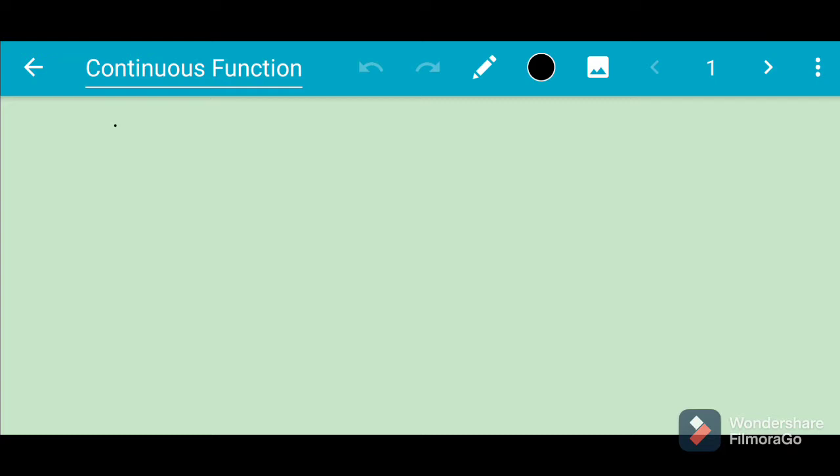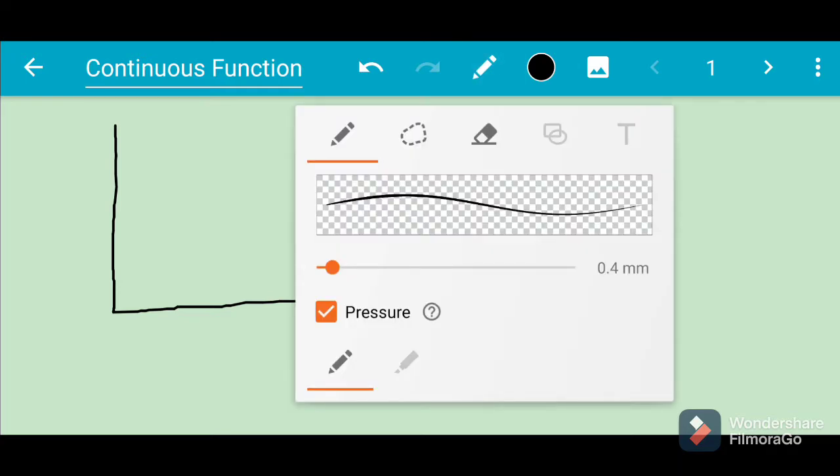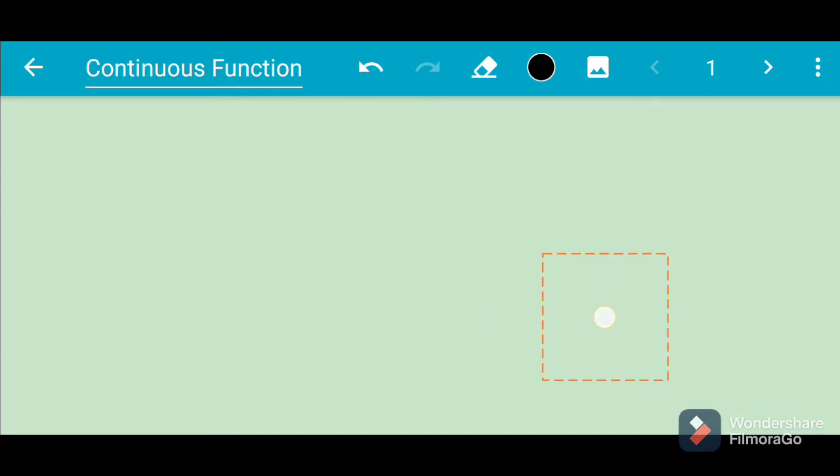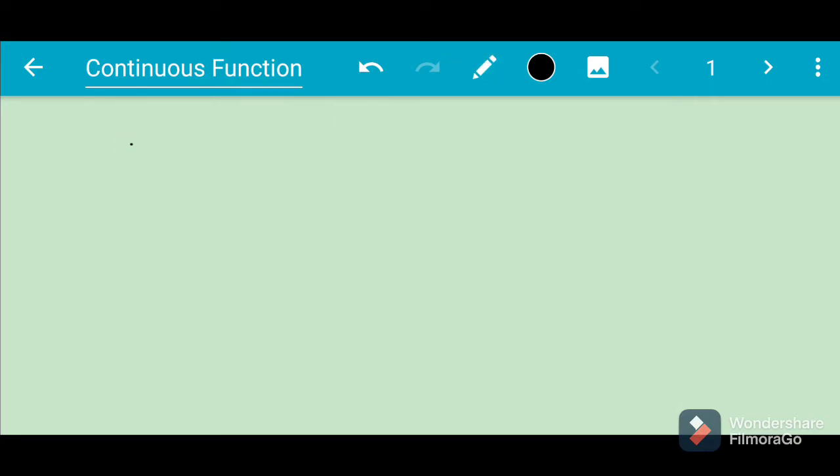Today I am going to discuss continuous functions.